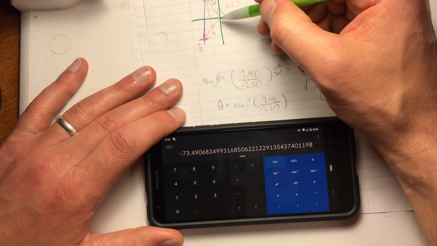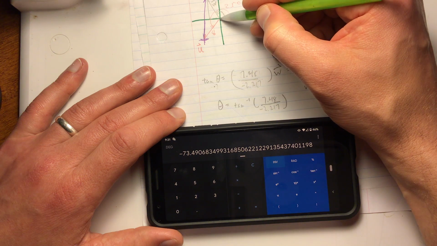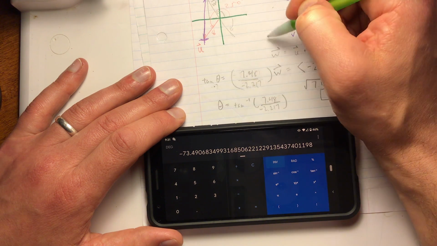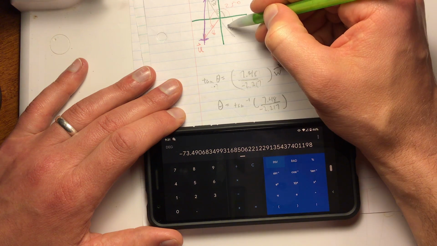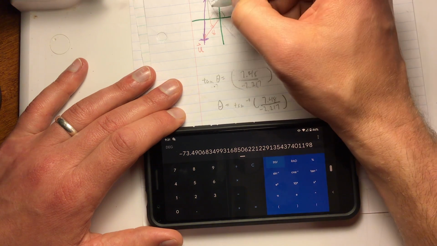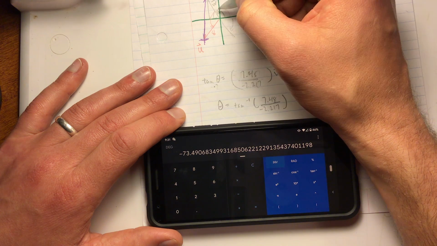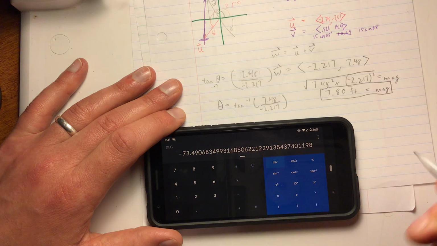And I know you're looking at this, you're saying negative 73 degrees. Isn't that down here, Mr. Kuhne? It is down here. But that's not the one we want, Mr. Kuhne. No, it's not. We need the one over here. Because this angle right here is 73 degrees. So how do we go from here to here? Just got to add 180.